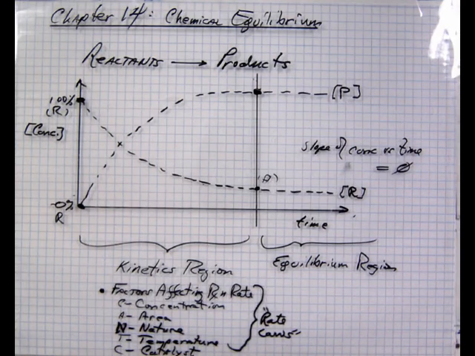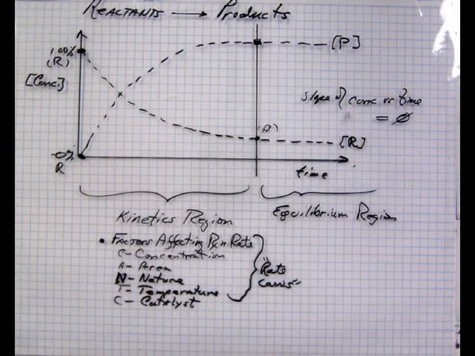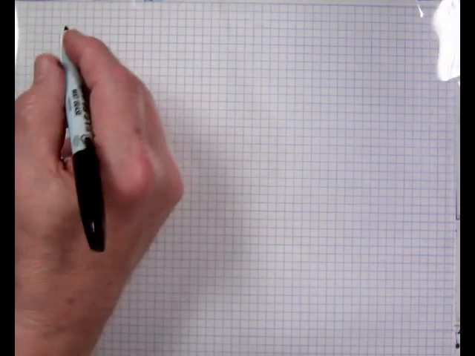Some people refer to this as a steady state condition, in which the reaction does not change concentrations as it produces products, nor does it change concentration as it produces product.